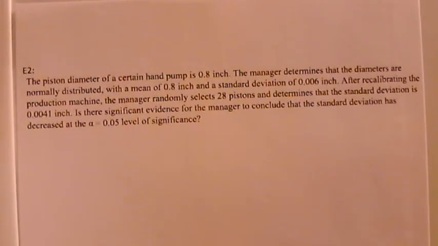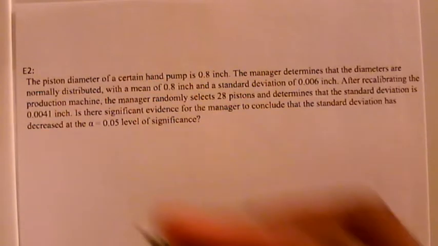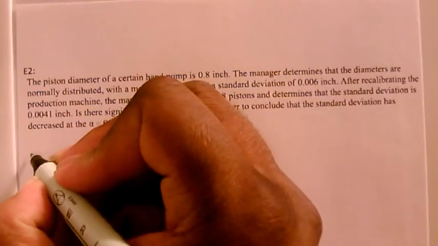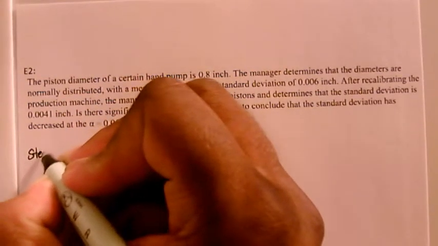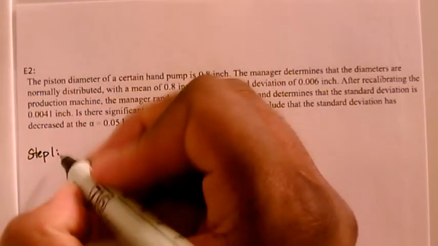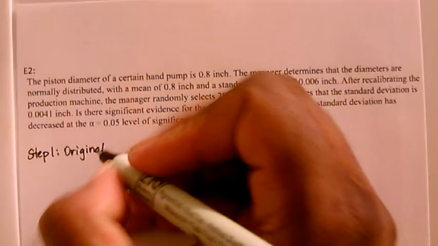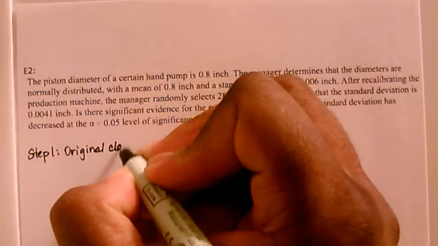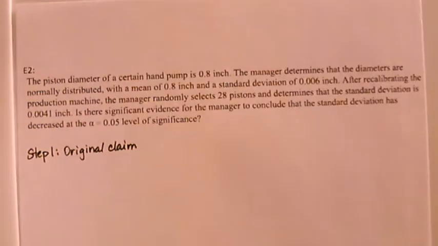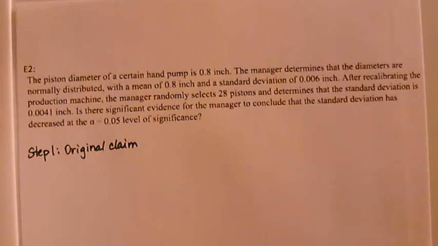Okay, now, here we're going to use that 8-step procedure. And in step number 1, you want to state the original claim in symbolic form. Now let's think about this for a moment. This manager is trying to test the claim that the standard deviation has decreased.